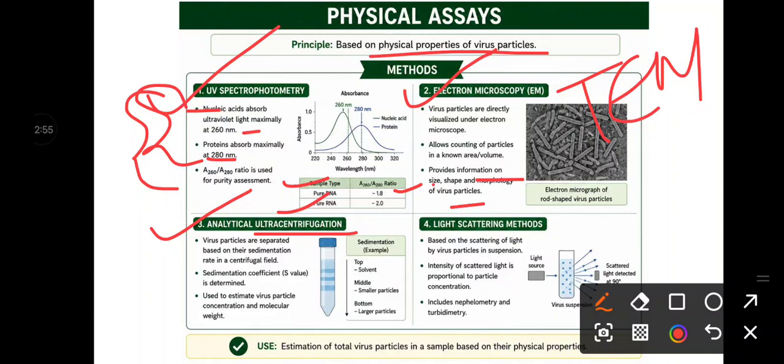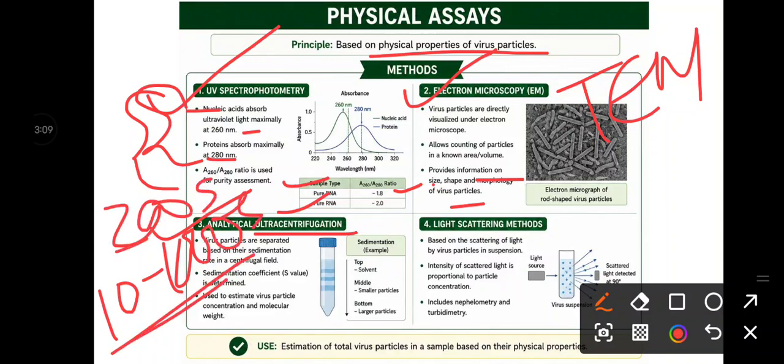For viruses, I have already discussed the sedimentation coefficient. It ranges from 10 to 1000 S. For CMV it is 200 S. For different viruses, this sedimentation coefficient value is different. So by that we can estimate the virus.